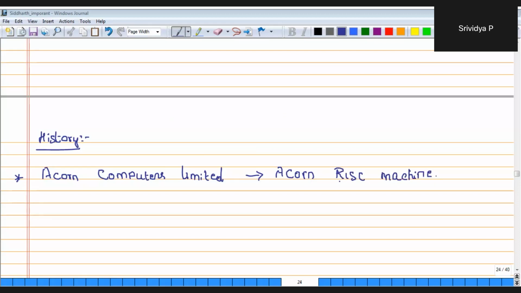It was called RISC because the architecture was basically a reduced instruction set computer. So it was called Acorn Risk Machine. Later, the acronym expansion was changed to Advanced Risk Machine in 1990.